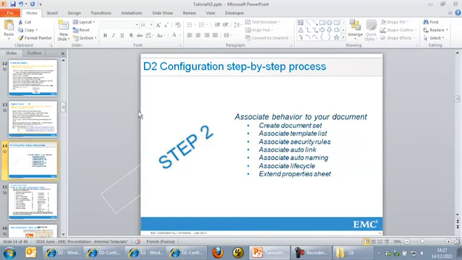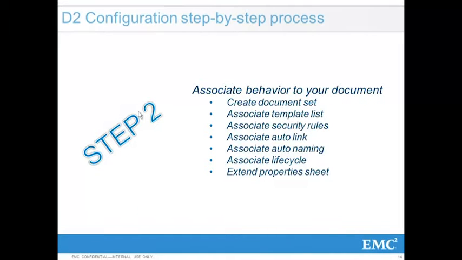To do this, we are going through different steps. First, we are going to create different document sets. Then, as we've seen during the demo, we will apply business rules on those document sets. As business rules, we are going to apply a template list in order to create documents with content coming from the configuration.